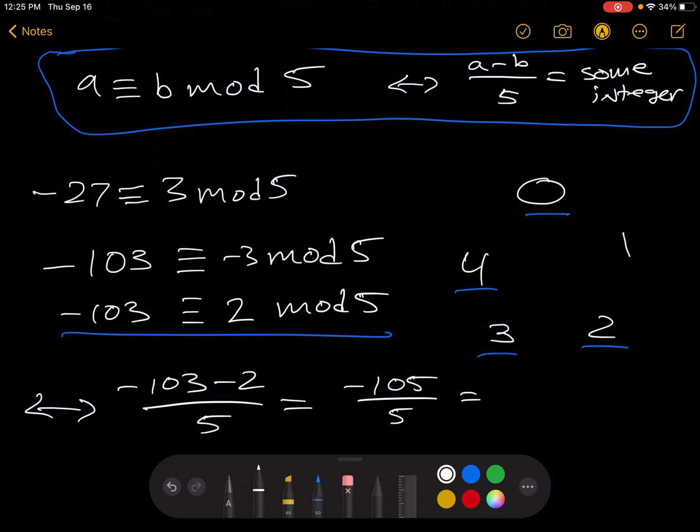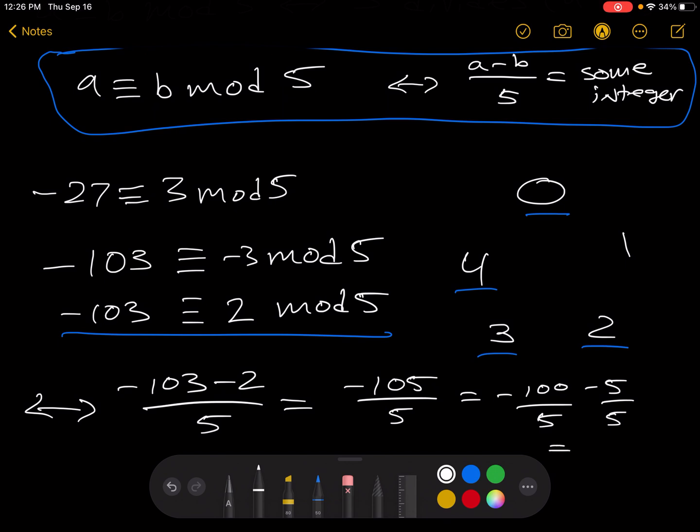Let's see, 5 times 20, I guess that would be right. One way you could do this is to write it as negative 100 minus 5, all over 5.